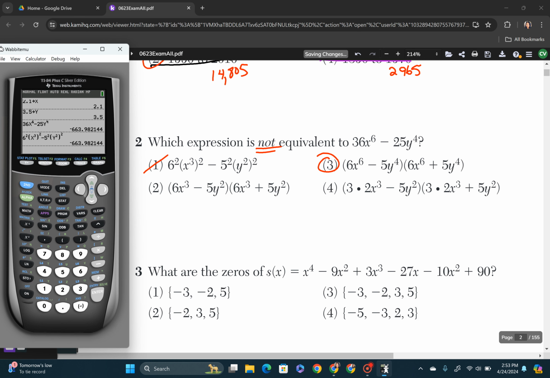I will prove that to you right now. So again, that's the magic number, right? Negative 663. So 6x to the 6th, come down. And then we have minus 5y to the 4th. Go to the right, parentheses, and then we have 6x.